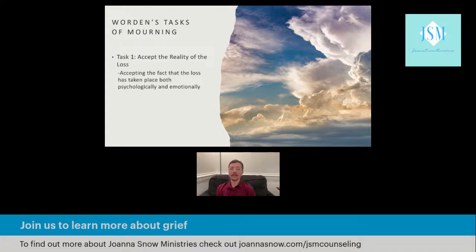The second task is processing the pain of grief. This is where feelings of grief are fully experienced and processed through. Sometimes when people lose loved ones or lose something important to them, they may mask it. They may feel like they don't have the right to show their grief, or they want to try to just push through it.